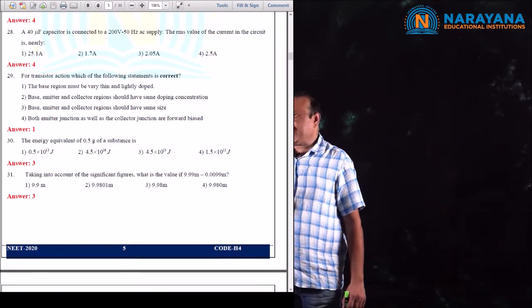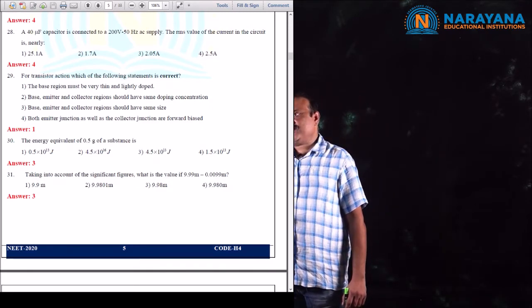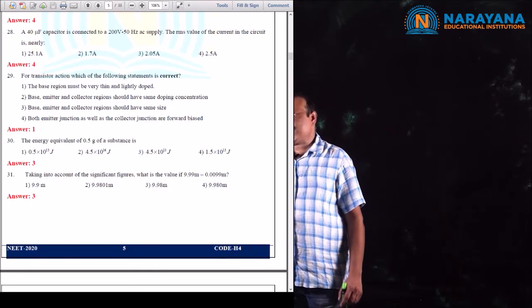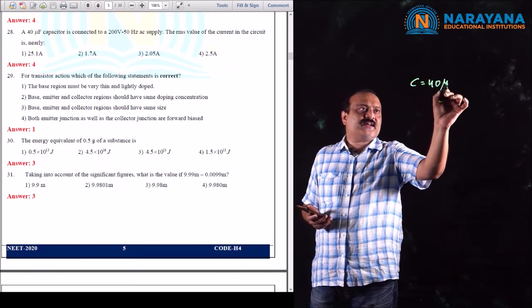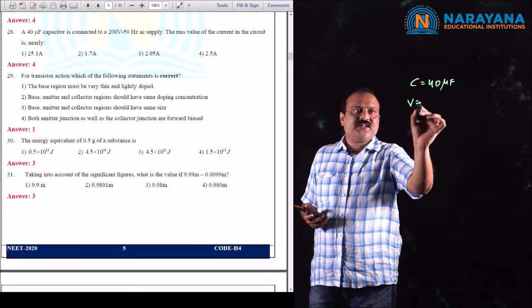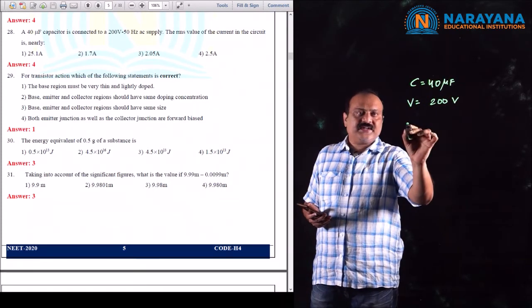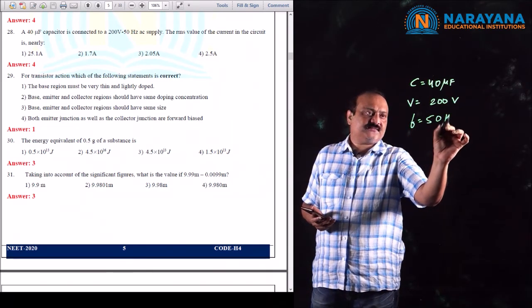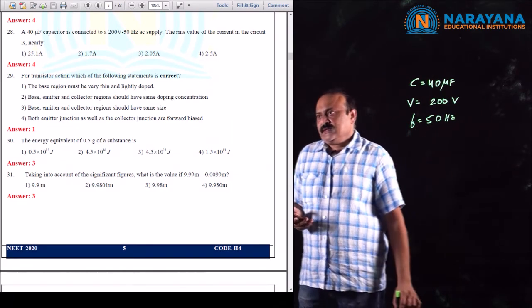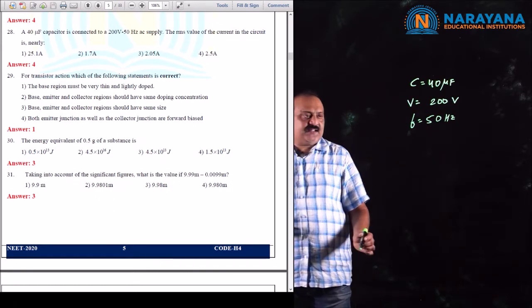Question number 28. A 40 microfarad capacitor is connected to 200 volts 50 Hz AC supply. Capacitance of the capacitor is 40 microfarads and voltage is 200 volts and frequency f is equal to 50 Hz. The RMS value of current passing through the circuit is nearly.